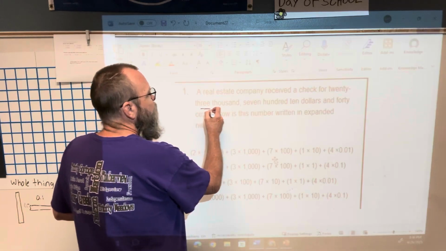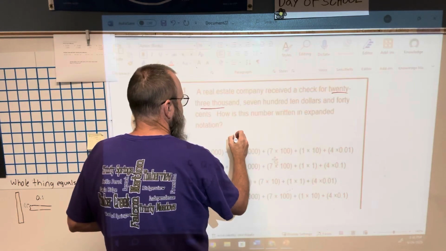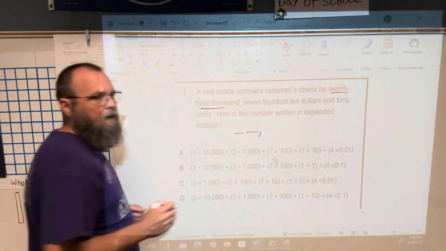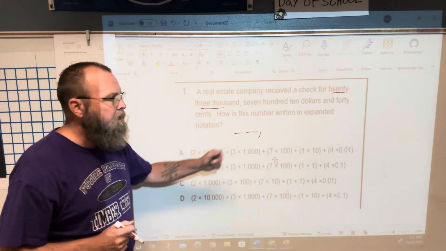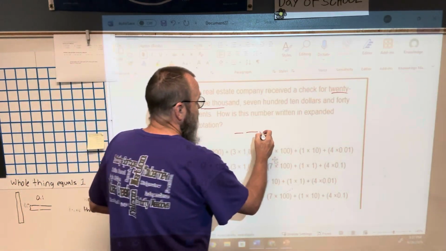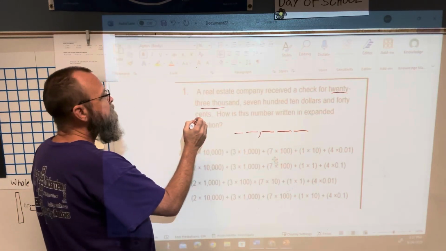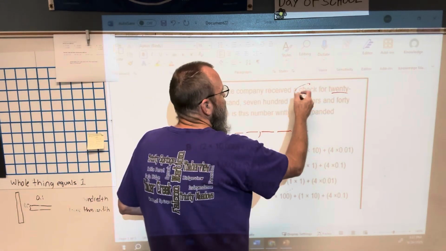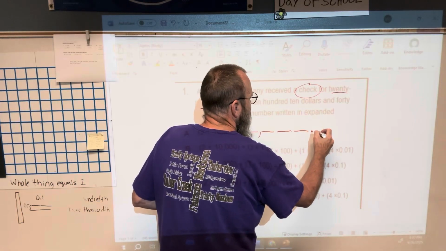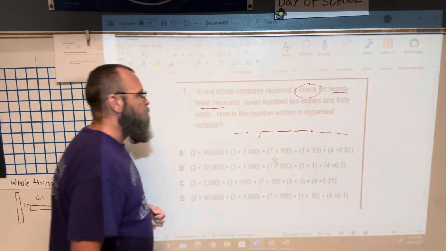So I know I have 23,000. So I'm going to have the 10,000s and the thousands place. That means I'm going to have hundreds, tens, and ones. And since it's money, a check, I'm going to have two numbers behind the decimal point.